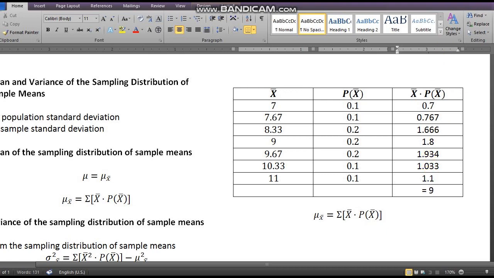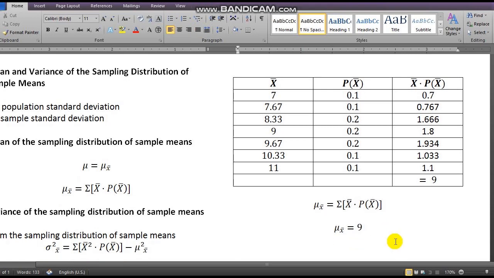Amazing. So this means that the mean of the sampling distribution of the sample means is equal to 9. So that's our sampling distribution of the sample means.